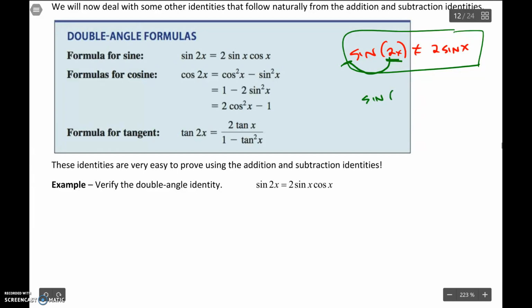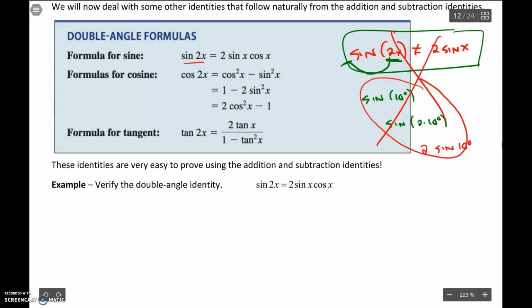Instead of taking the sine of 10 degrees, we're talking about taking the sine of 2 times 10 degrees. There's really no common sense reason why that would ever be equal to 2 times the sine of 10 degrees. It just doesn't work, although it kind of looks like implied multiplication.